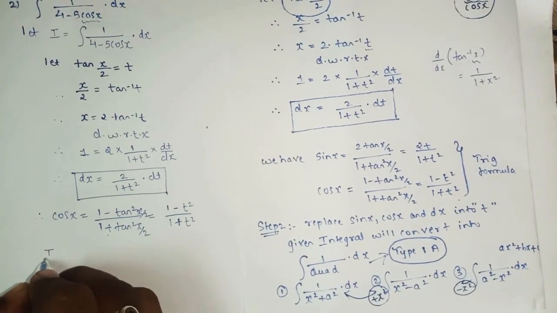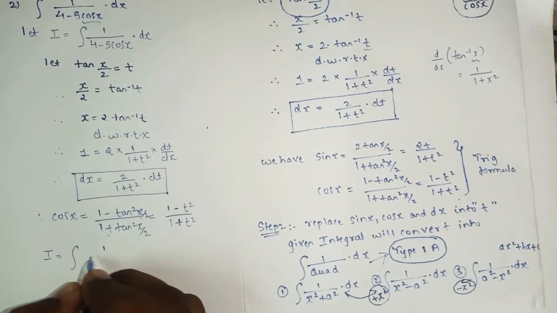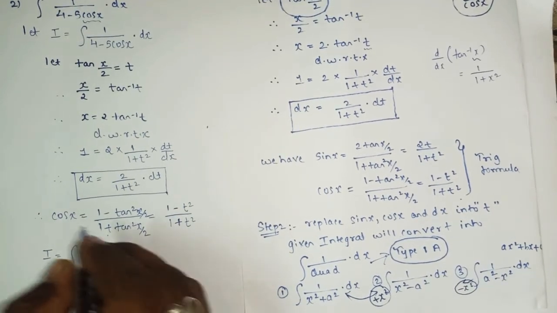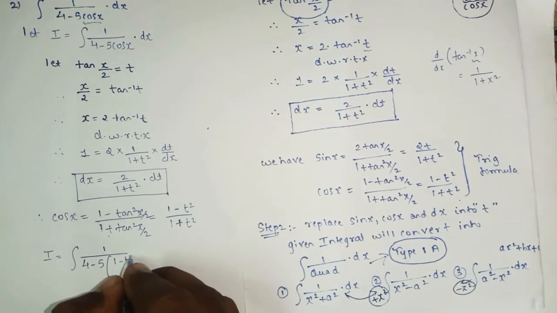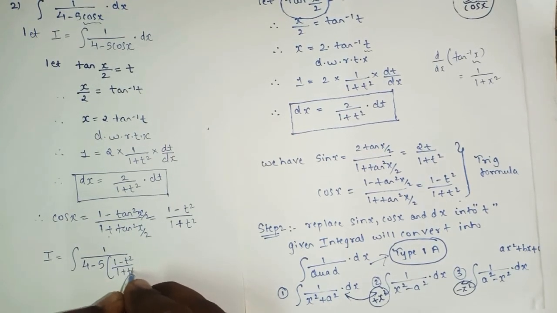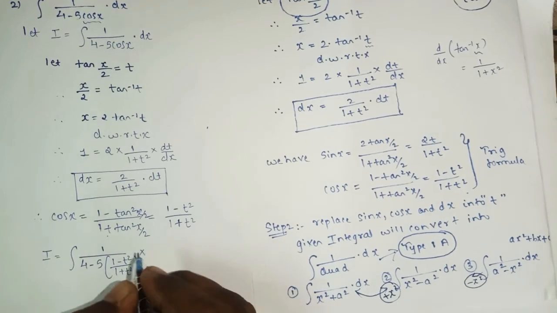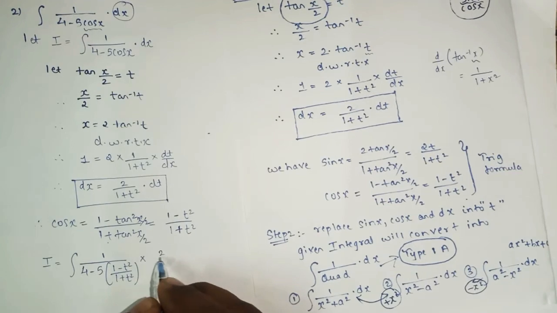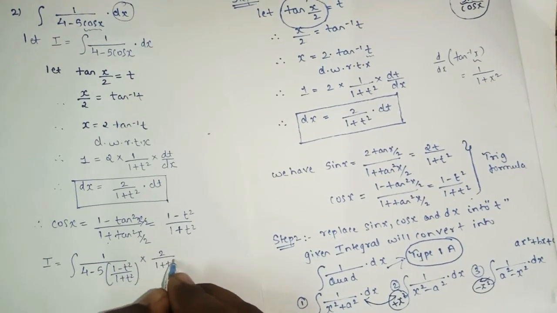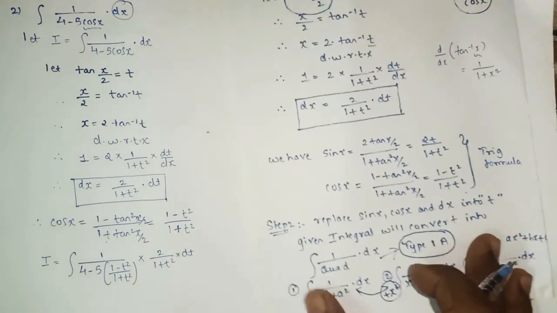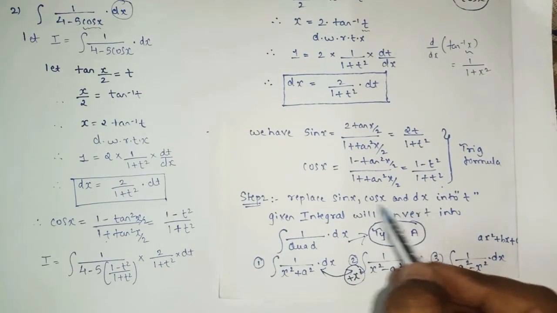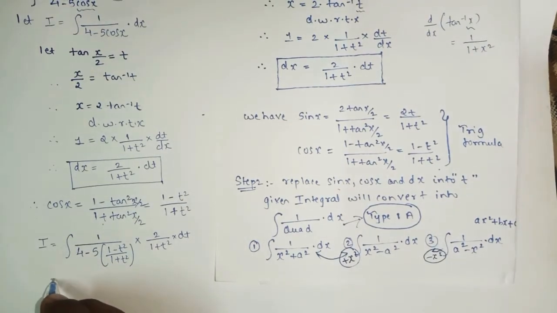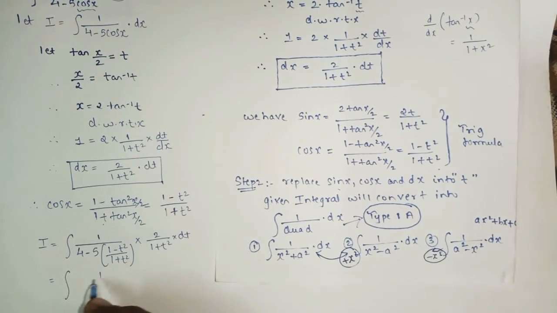Here I equals integral 1 upon 4 minus 5 cos, which will be replaced by 1 minus t square upon 1 plus t square, and dx will get replaced by 2 upon 1 plus t square into dt. Sin, cos and dx will get converted into t. Yes or no?